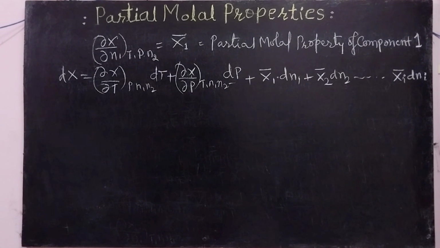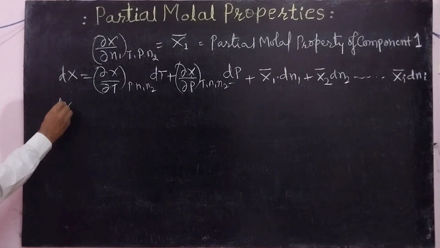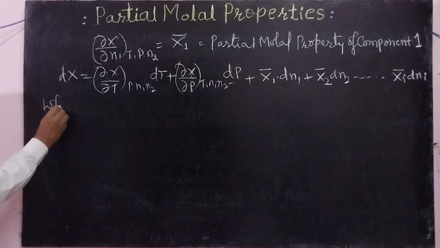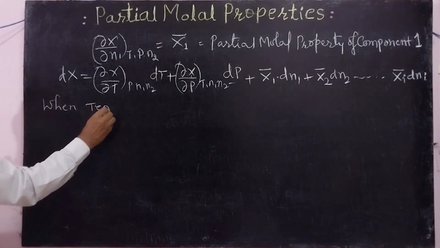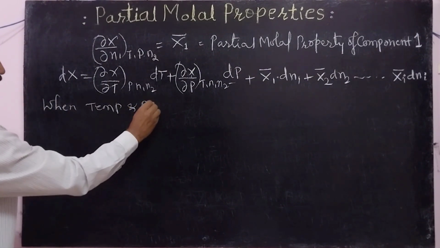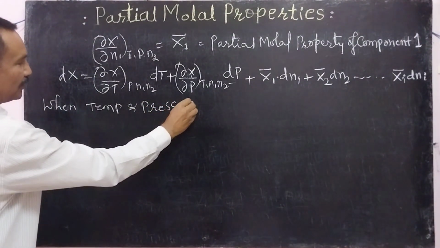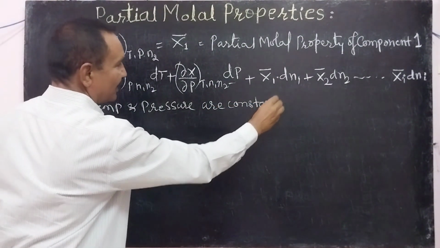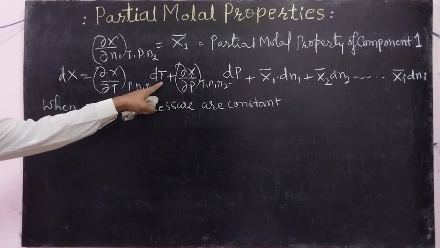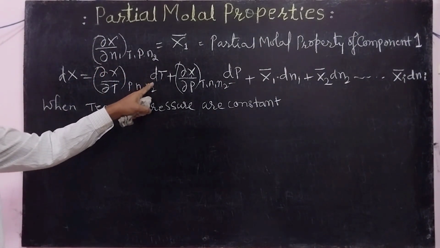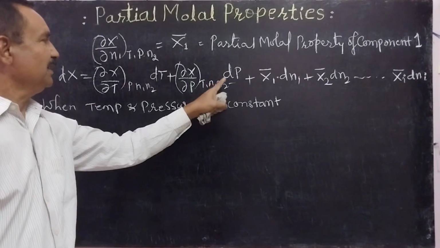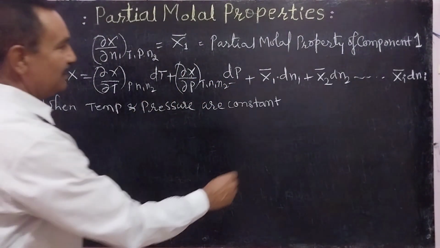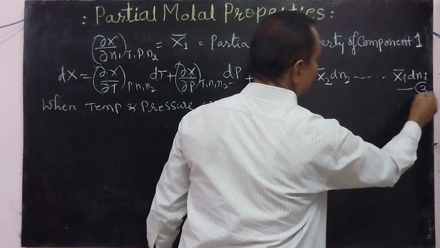Now, when temperature and pressure are kept constant, when temperature is constant the first term becomes 0, and when pressure is constant the second term becomes 0. Suppose this is equation 3.